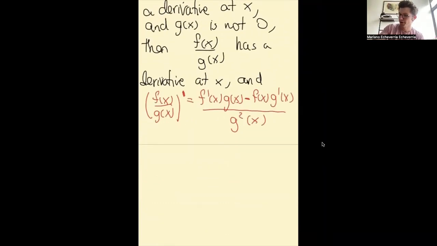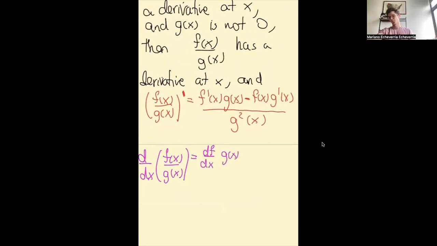Or if you prefer the alternative notation, the derivative of a quotient is the same: the derivative of the numerator times the denominator minus the numerator times the derivative of the denominator, divided by the denominator squared.